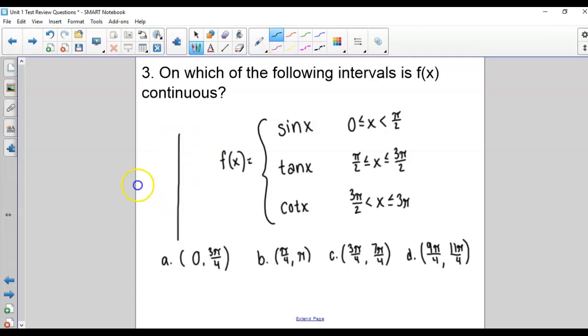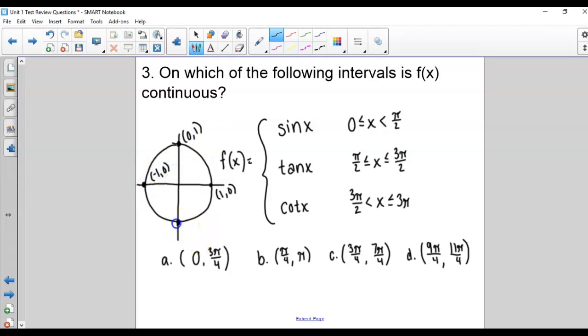So, unit circle. I'm going to go ahead and draw it here. And so, this is the point 1, 0. This is the point 0, 1. This is the point negative 1, 0.